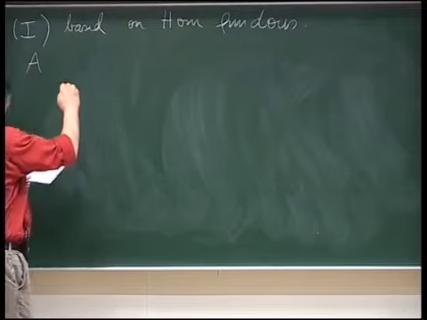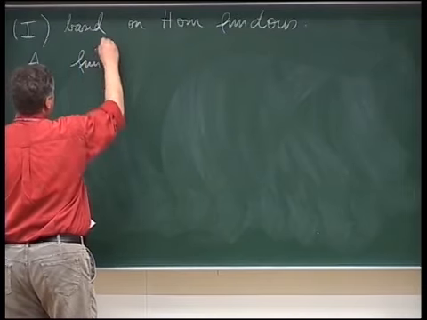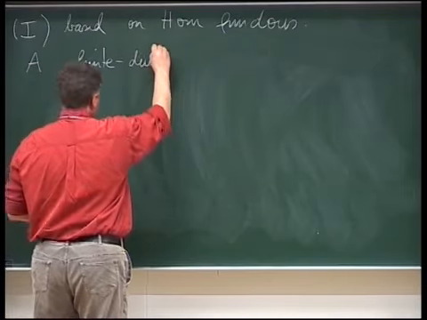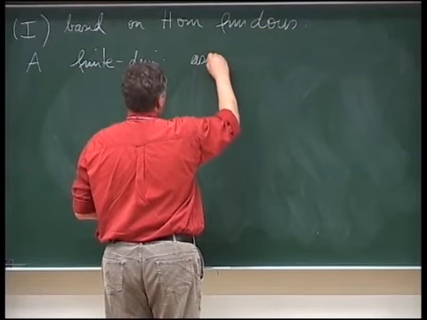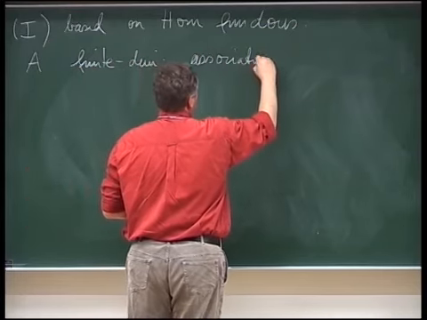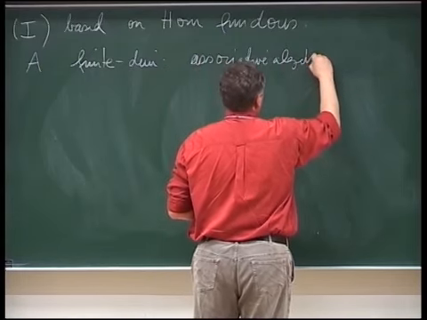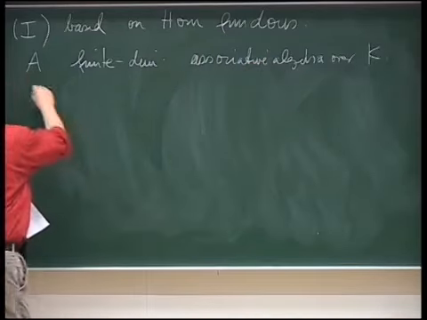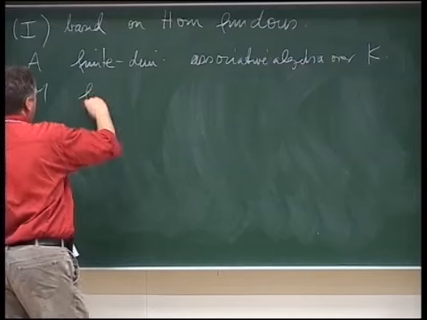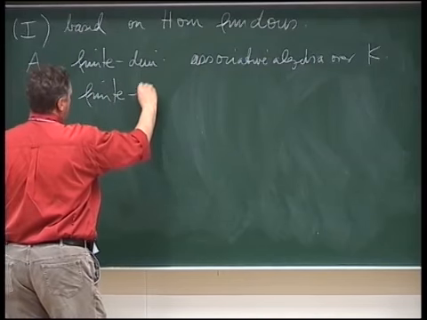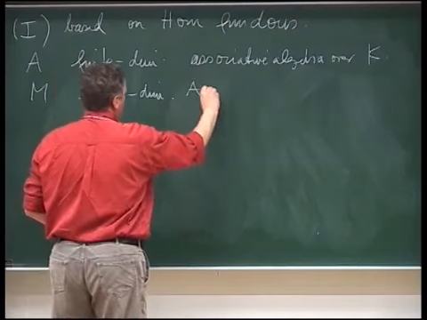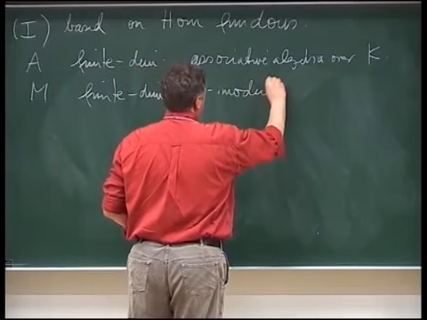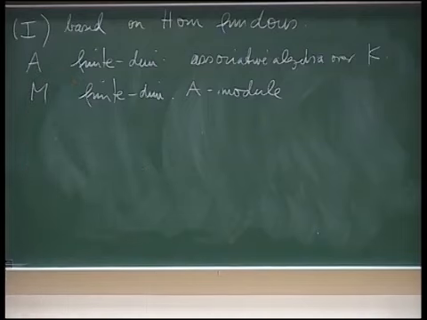So let's assume that A is a finite dimensional associative algebra over K, and M a finite dimensional A module.